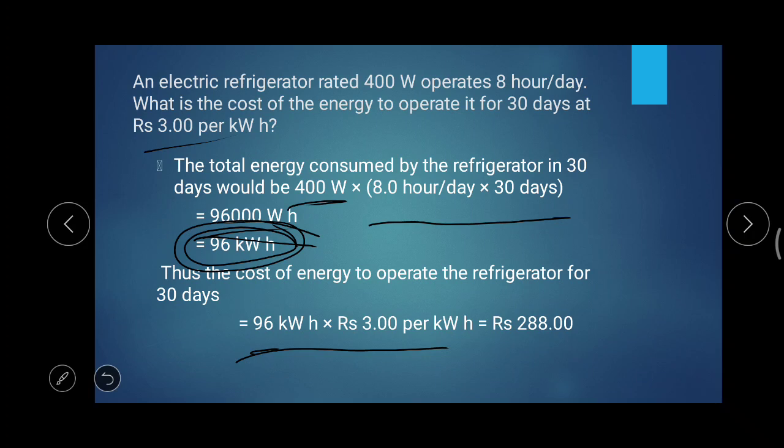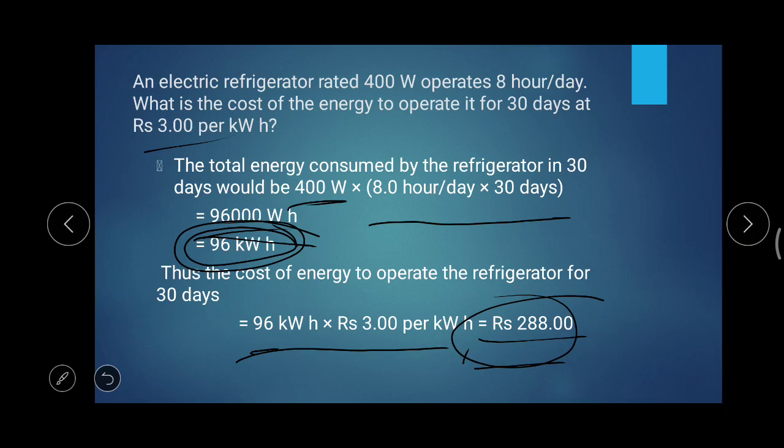So the answer will be 288 rupees that you have to pay if you are using a 400 watt power object 8 hours per day for 30 days. For 3 rupees per kilowatt hour, you have to pay 288 rupees.